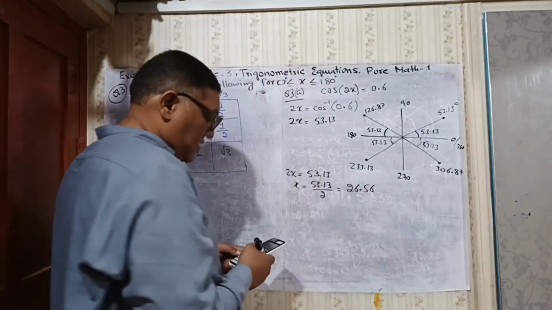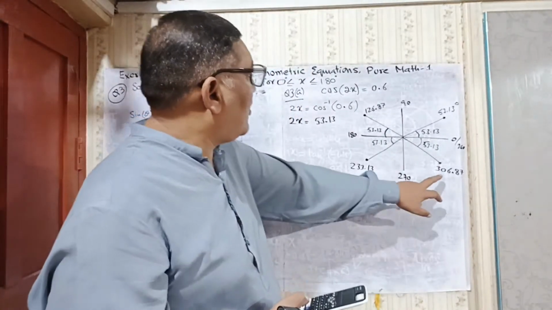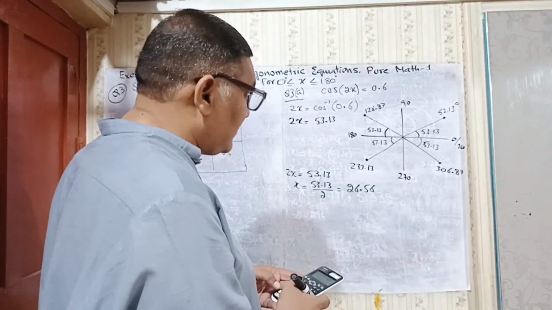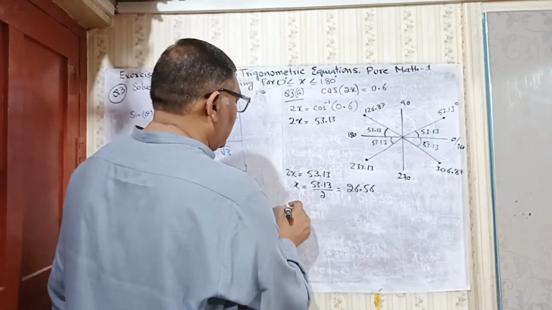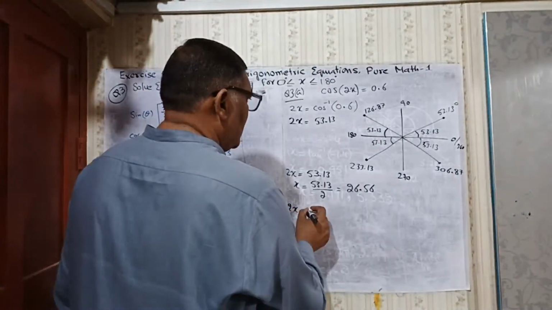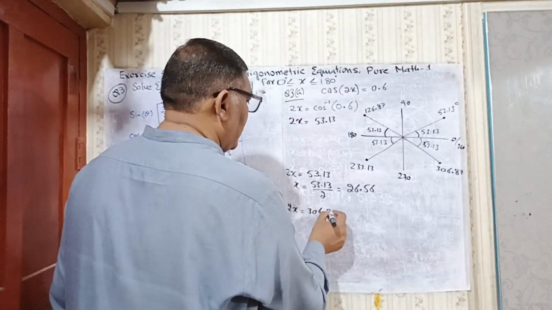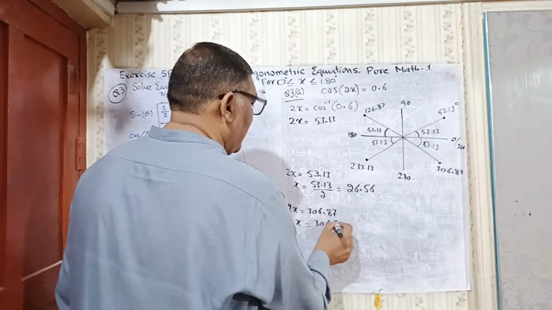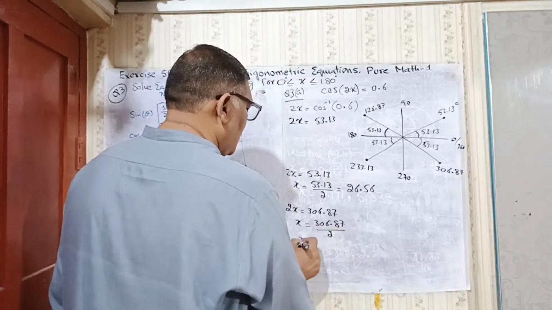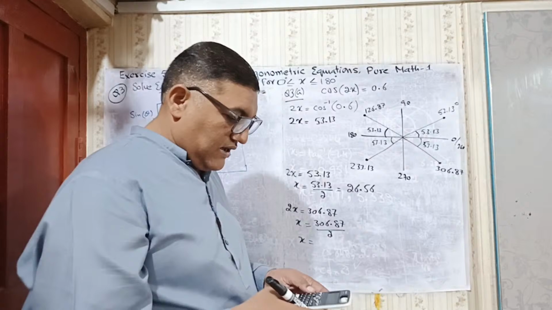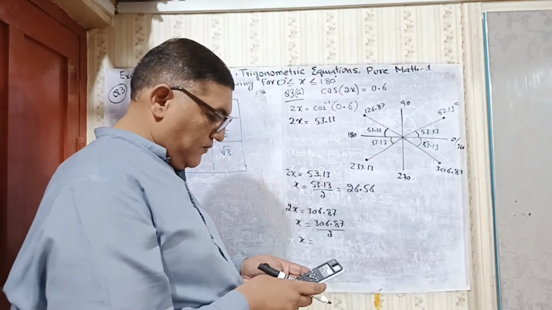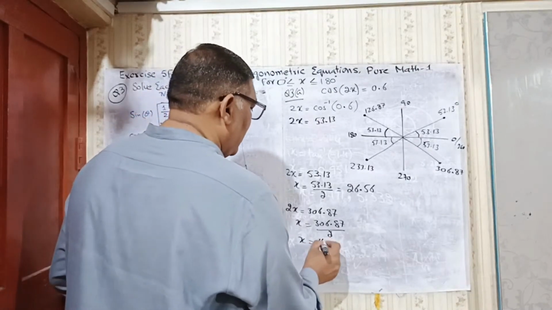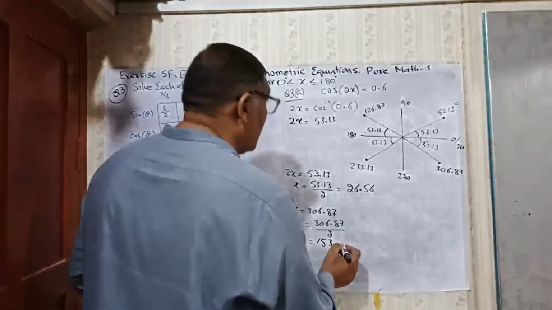Now here cos is positive, so this angle is 306.87. So I can say that 2x is equal to 306.87, so x will be equal to 306.87 divided by 2, and that will be equal to 153.4.